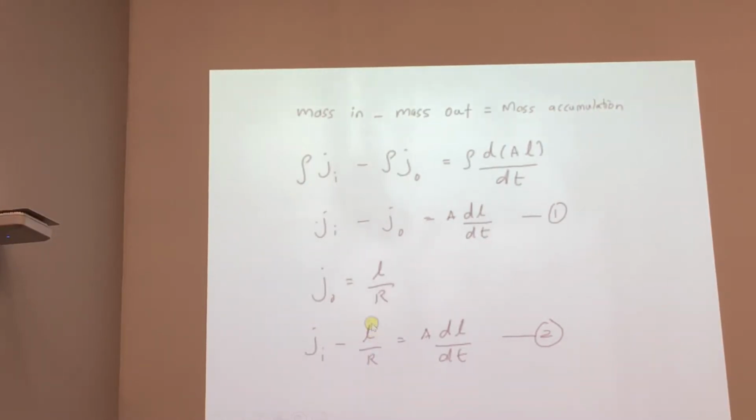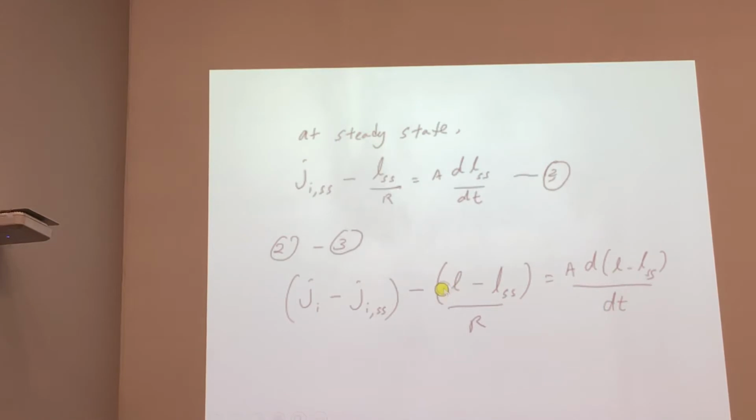So H minus steady state gives me H minus steady state over R. This one is the second term, alright? And then the last part is only the inside here, H, right? H minus steady state. So from equation 2 and 3, I create one condition: flow rate at the normal time minus flow rate at steady state equal to level minus steady state over R. And inside here also level minus steady state.